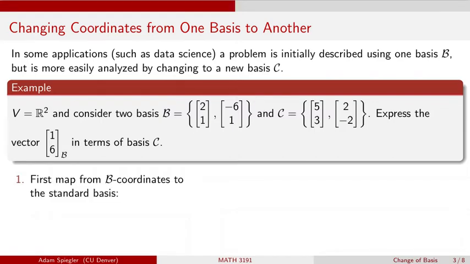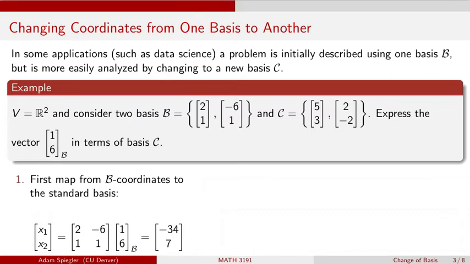So the first step might be, since I know how to map from B coordinates into the standard basis, and I know how to map from the standard basis into C, then we'll do this in two steps. So first, we're going to map the B coordinates to the standard basis, again, by taking 1 times the first basis vector plus 6 times the second basis vector.